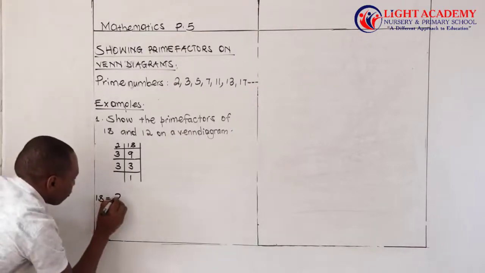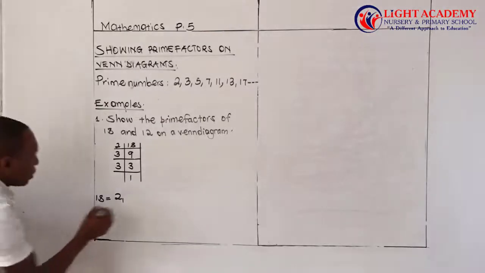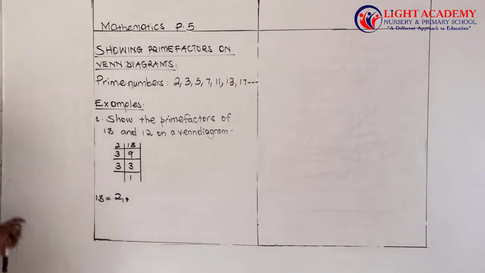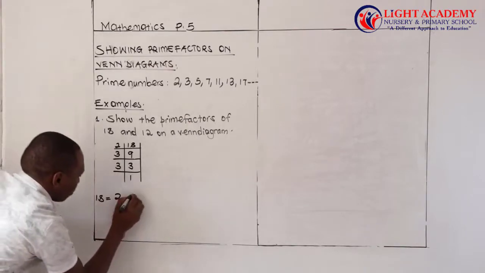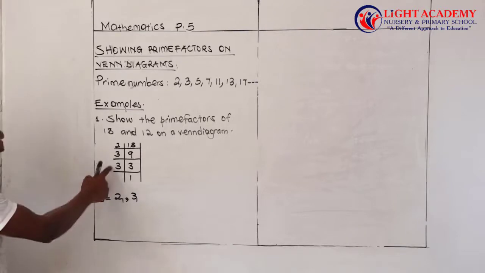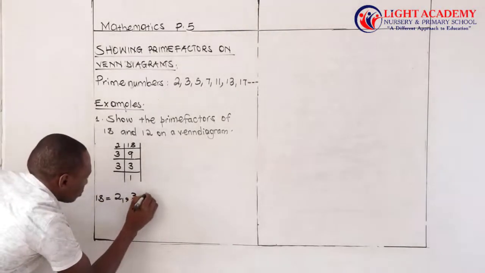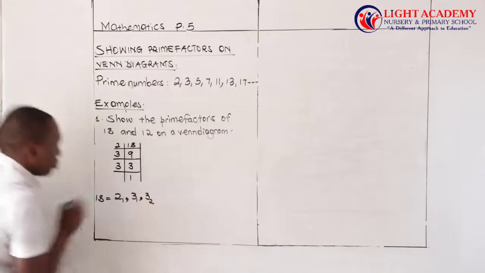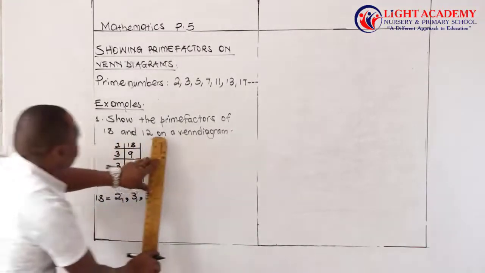So 2 is coming for the first time. I'm writing them in subscript form. Then the next number I used is 3. 3 is coming for the first time, so this is 3 to subscript 1. Then 3 is also appearing for the second time, so I'm going to say this is 3 to subscript 2, right? Then since these are two numbers, I will go to the other part.